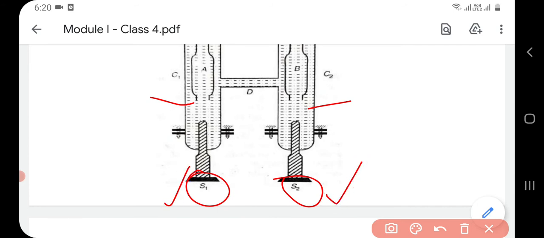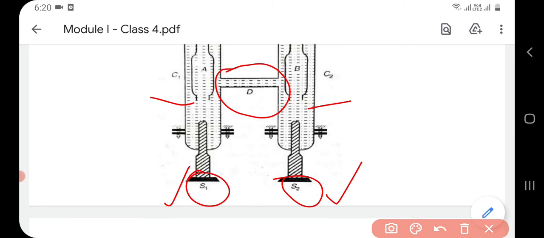Suppose the screws S1 and S2 are tightly screwed, then the water in C1 and C2 will be compressed. As a result, some pressure is transmitted to the air in tube A as well as to the carbon dioxide in tube B. C1 and C2 are connected by a crossed tube D.